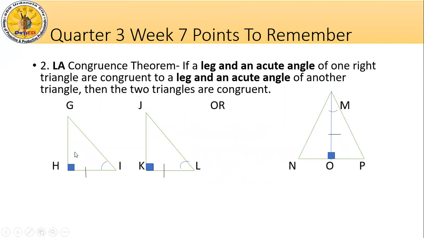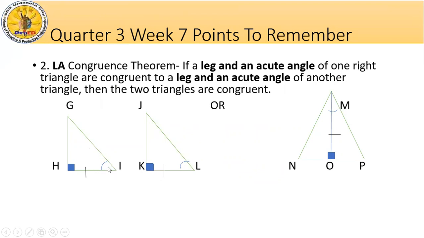We have triangle GHI and triangle JKL, where the right angles are at angle H and angle K. Line segment HI is congruent to line segment KL. What part of the right triangle is this? Very good. It is the leg.